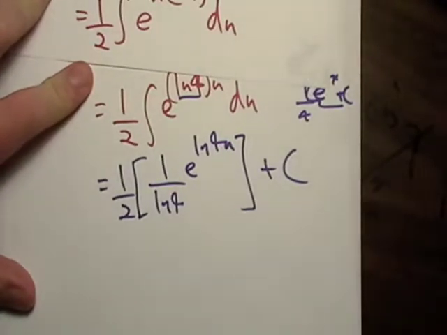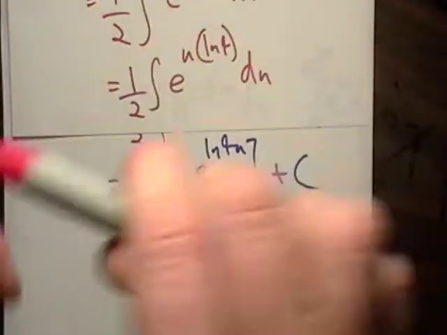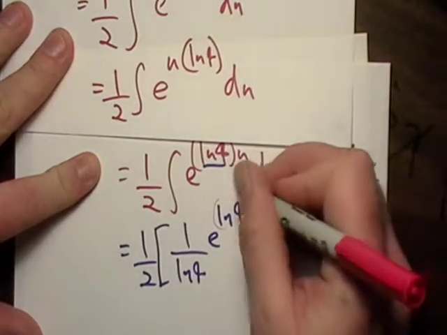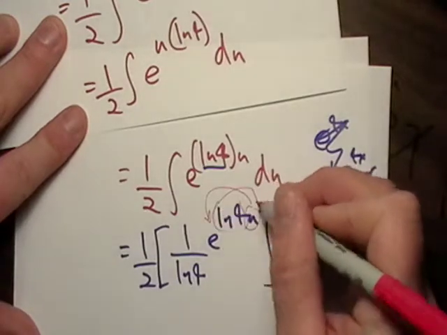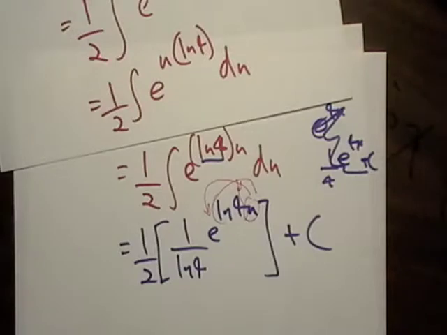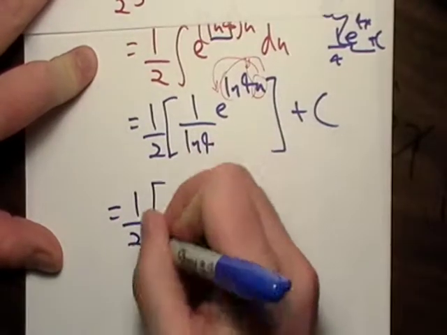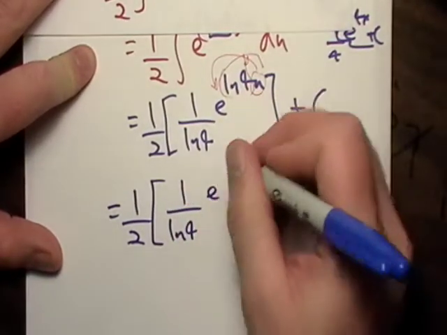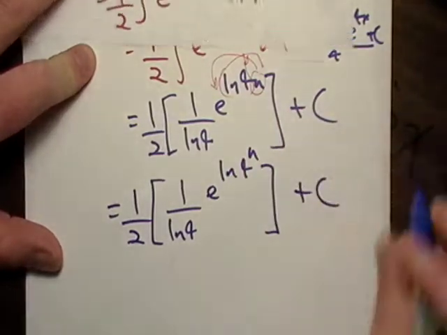Okay, let's see if we can clean that up a little bit. I'm going to first clean it up by doing a little reverse power rule. Remember this thing was grouped, so this u, it doesn't matter if I stick it in front or behind, it's still going to go back up here on top of the 4. So let's rewrite it that way, plus c.